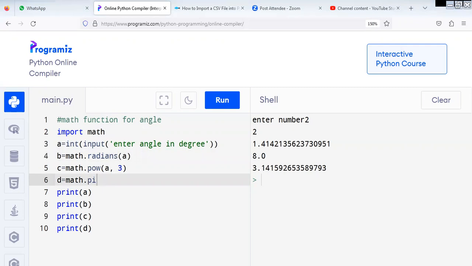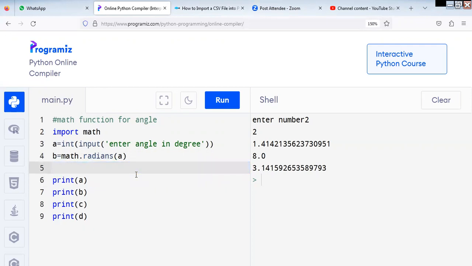Whatever we read, we need to convert to radians. Okay. So what is the function to convert degrees to radians? It is math.radians.